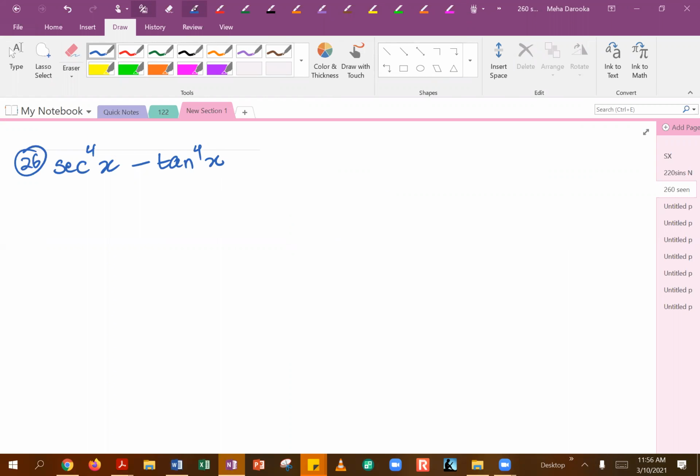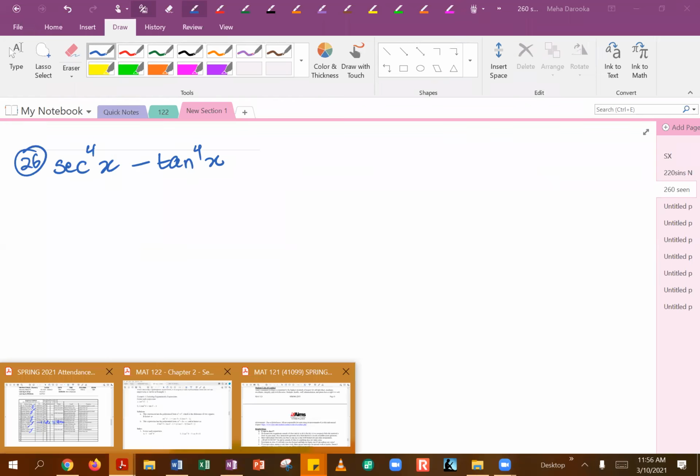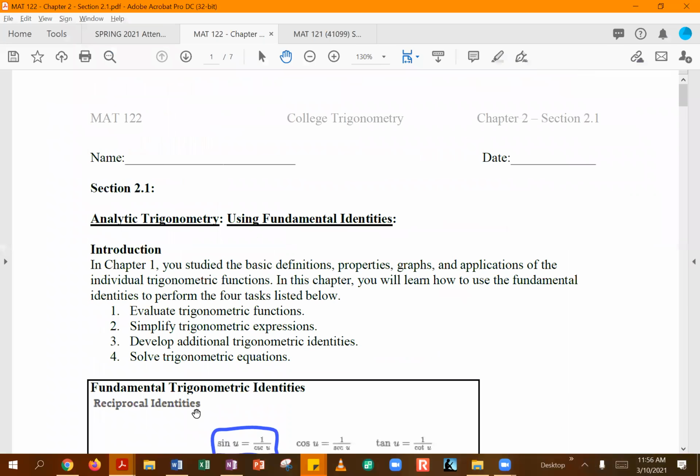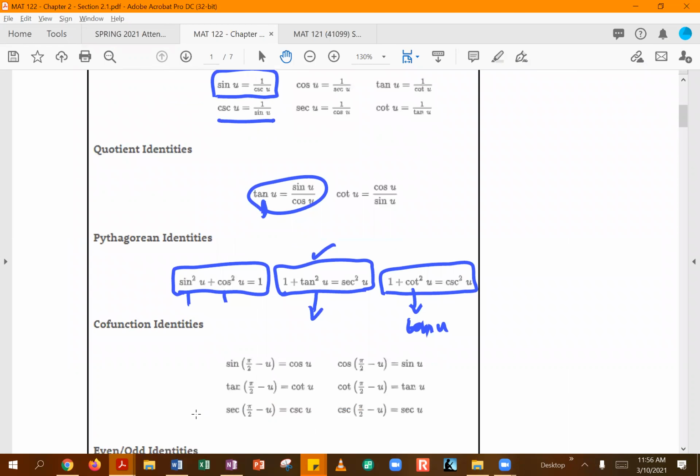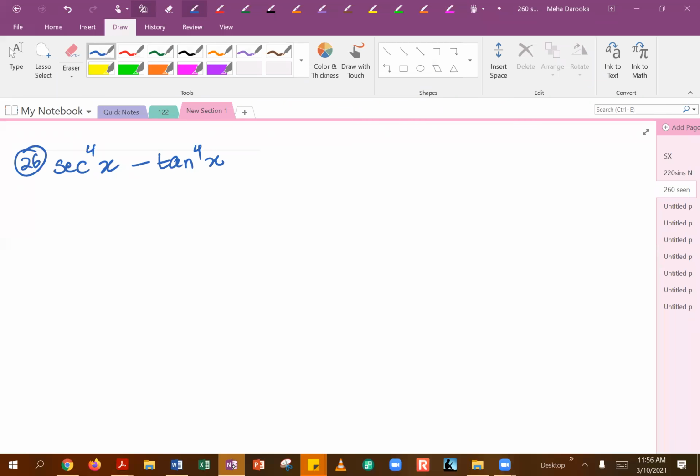Trying to think how that could work. Obviously there is this Pythagorean identity here, which uses the secant and the tangent functions, the one in the middle that we just used. But I don't think we're quite ready to jump to that just yet, because I think we're going to need a little bit of clarification.